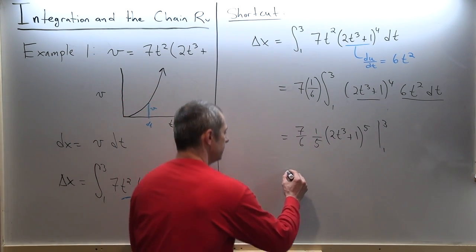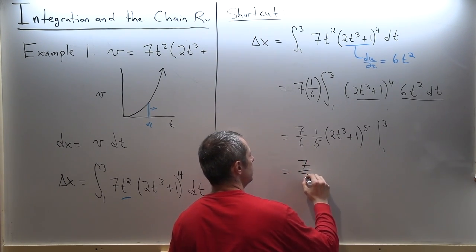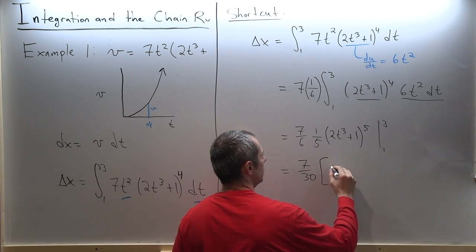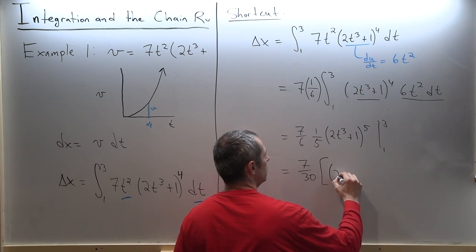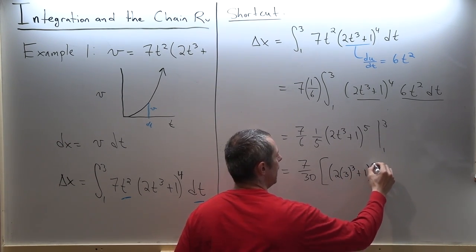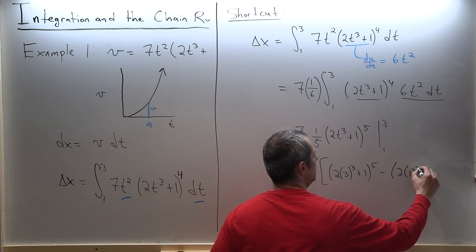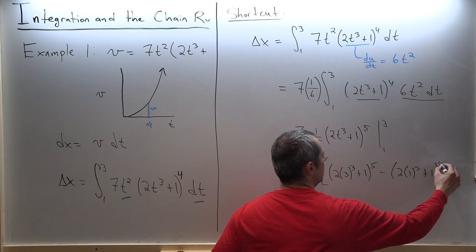In other words, 7 over 30, 2, 3 cubed plus 1 to the 5th power minus 2, 1 cubed plus 1 to the 5th power.